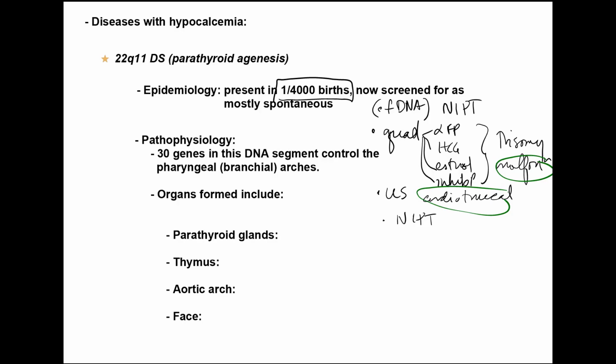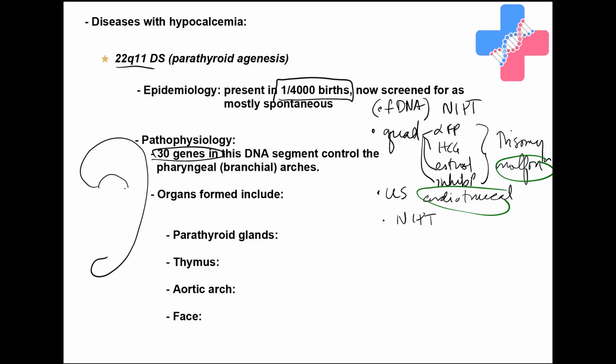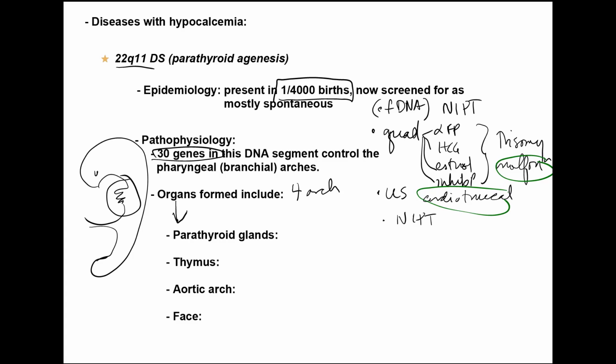Pathophysiologically, the 22q11 portion of the chromosome has about 30 genes, and this controls the formation of the pharyngeal arches. When that abnormality forms off the third and especially the fourth arch, this is going to regulate the following organs.